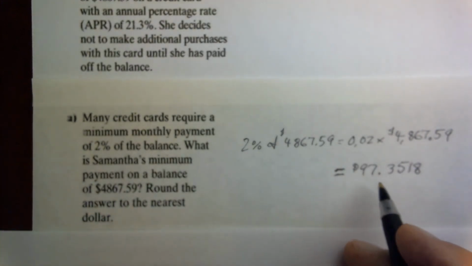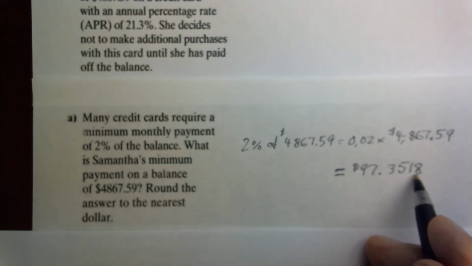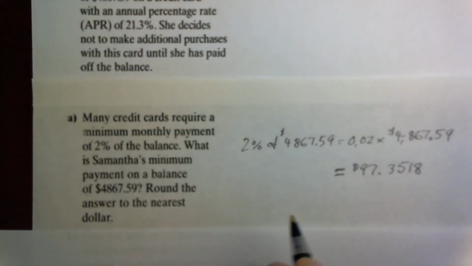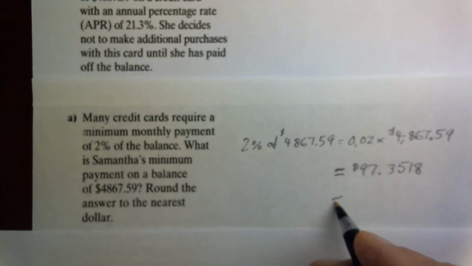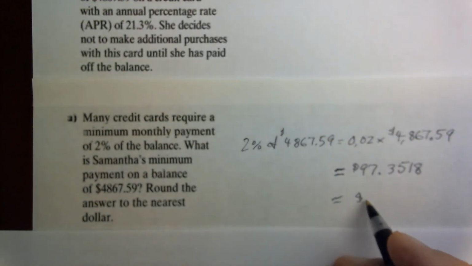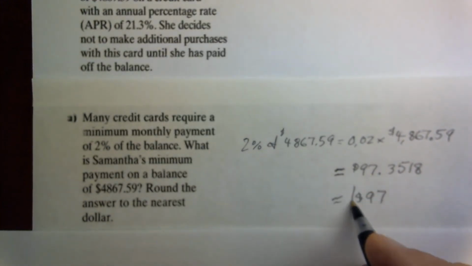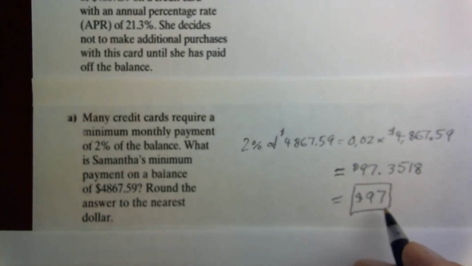So this is equal to 97.3518, and we are supposed to round it to the nearest dollar, so there would be $97. That's a minimum payment, minimum monthly payment.